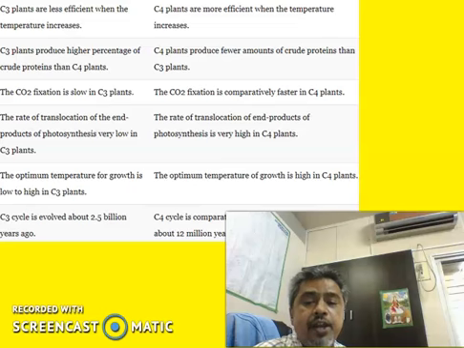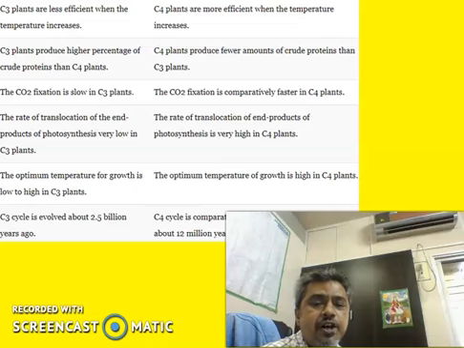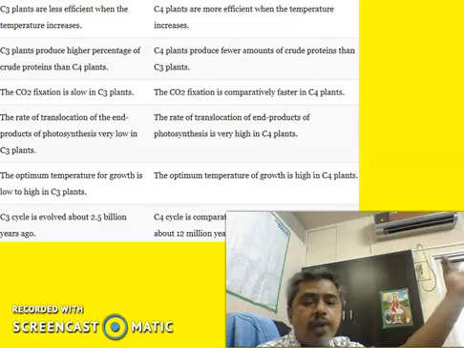And lastly, I will complete with all these 6. C3 plants are less efficient with temperature increase. C4 are more efficient when temperature increases. C3 produces a higher percentage of crude protein than C4. C4 plants produce a smaller amount of crude protein than C3. CO2 fixation is slow in C3 plants. CO2 fixation is comparatively faster in C4 plants.